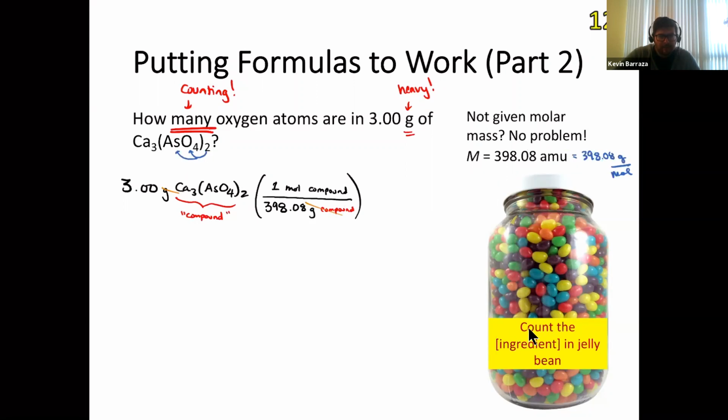It comes out to 398.08. So now we want to go from the compound itself to just a part of the compound. Well, what is the number relationship between the oxygen atoms and the compound as a whole?